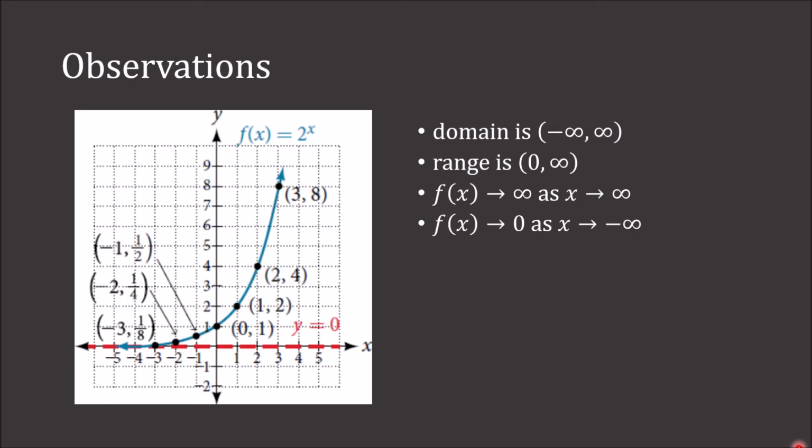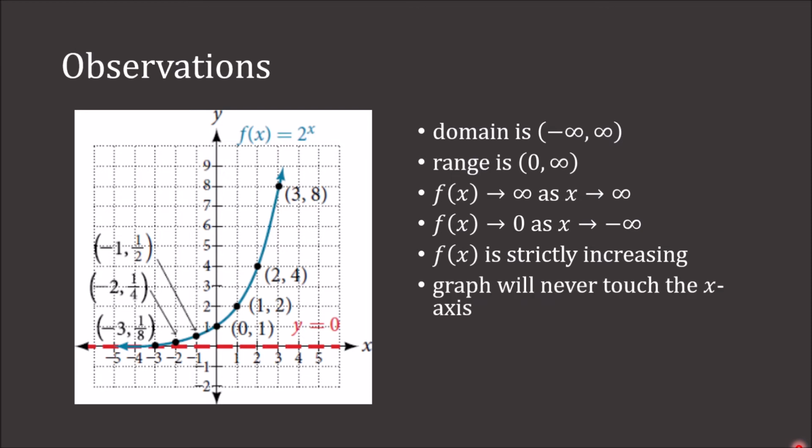F of x goes to 0 as x goes to minus infinity. F of x is a strictly increasing function. The graph never touches the x-axis, which means that y equals 0 is a horizontal asymptote. And it has a y-intercept of 1.